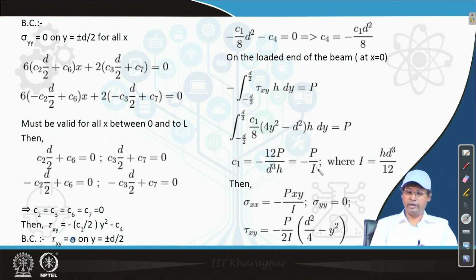Once we have all the 9 constants, we can have expressions for sigma x, sigma y and tau x y. After implementation of the constants, sigma x x is equal to minus P x y by I, sigma y y is definitely 0 everywhere, and tau x y depends on y square.